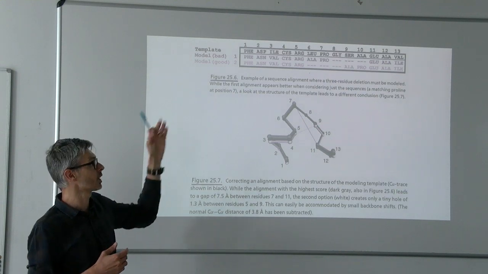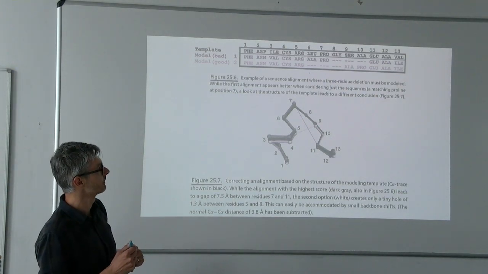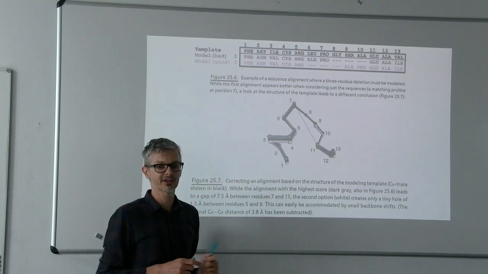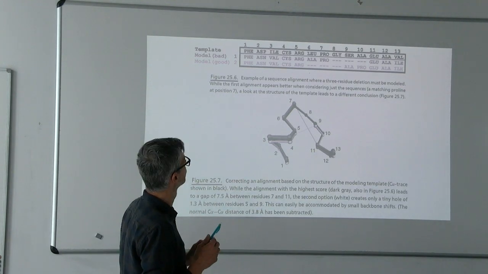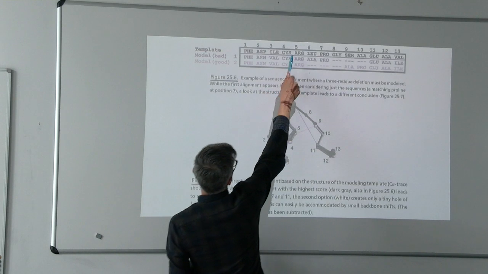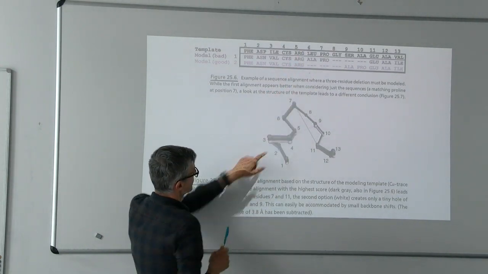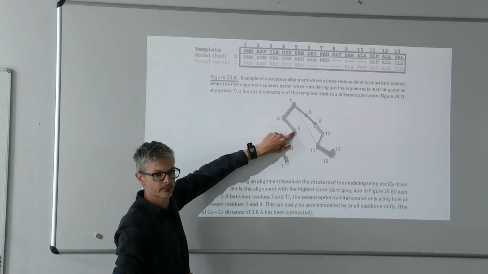This is how Clustal, for example, will work. But have a look in 3D. Is this really possible? You see here at position 5 we have the arginine, so that will be located here.